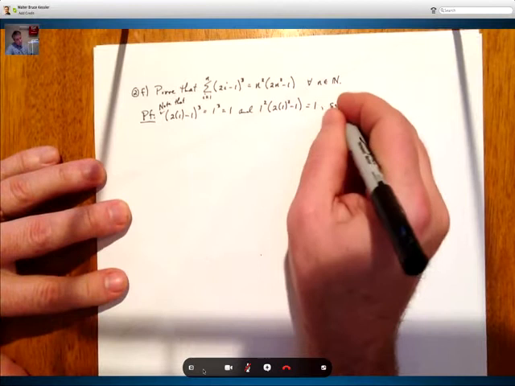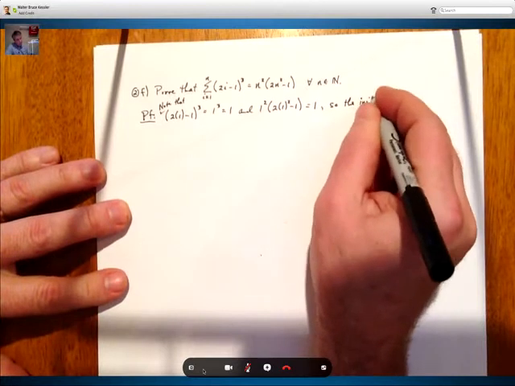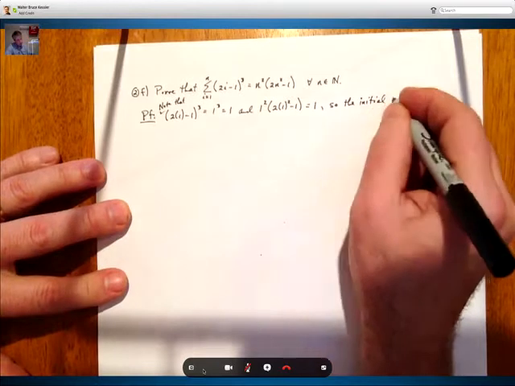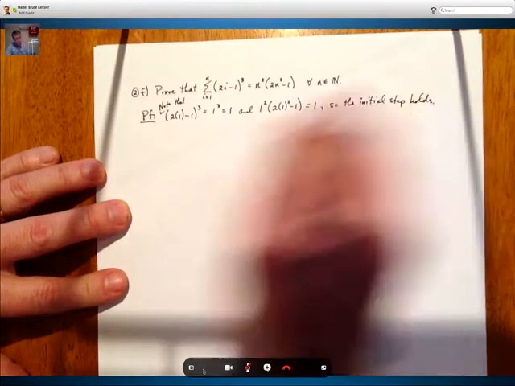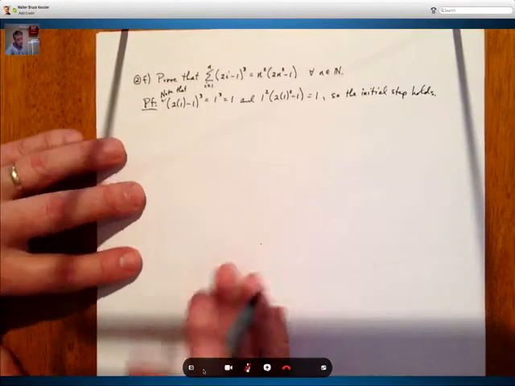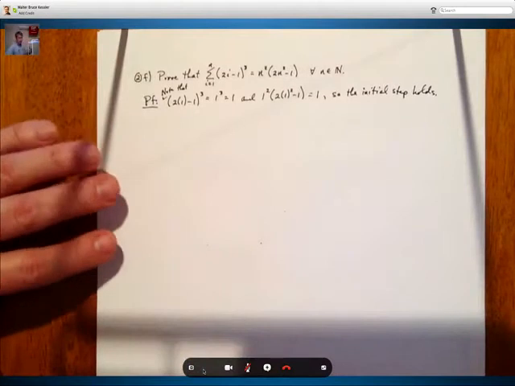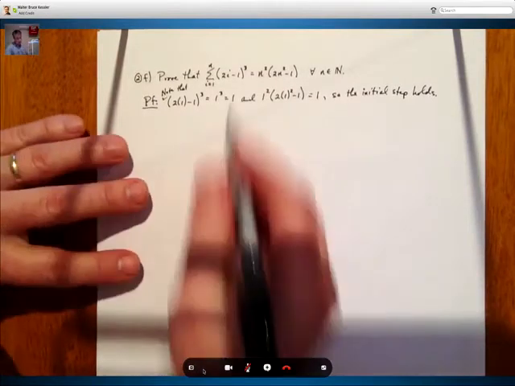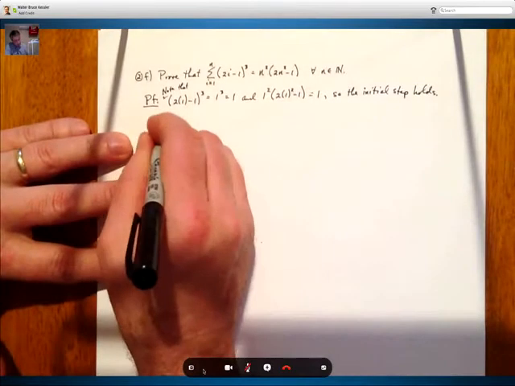Let's see, this is 1, so 2, this is just going to be 1. So the initial step holds.